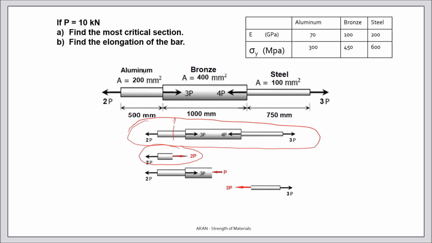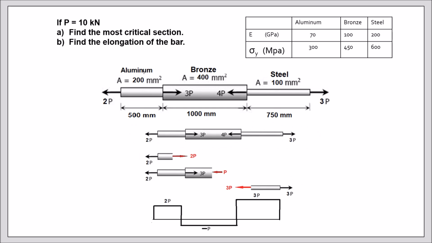The free body diagram shows me that the internal force must be 2P for equilibrium. When I cut in the second region, the internal force should be minus P for equilibrium. When I cut in region 3, the acting force is a positive 3P force.